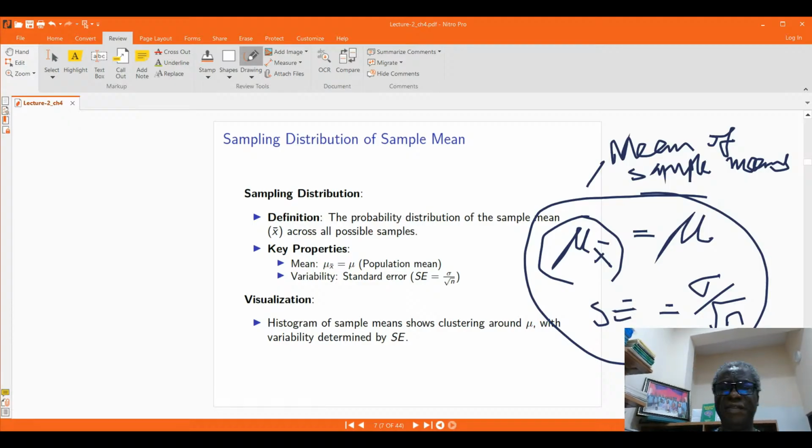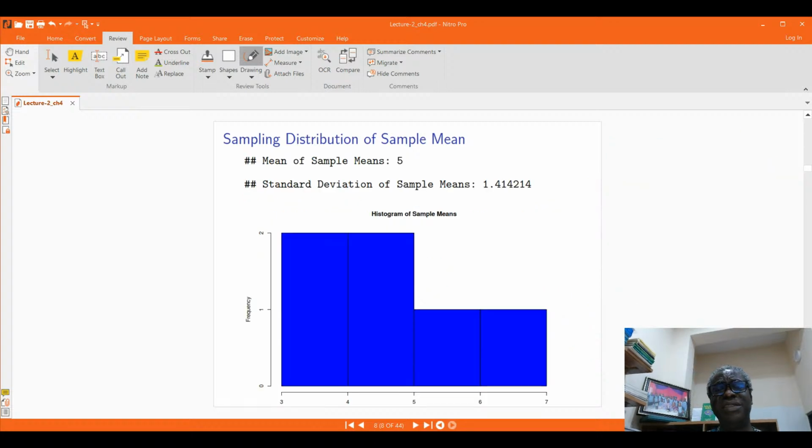We can easily visualize this property in a histogram. This is the histogram of the example that we have.